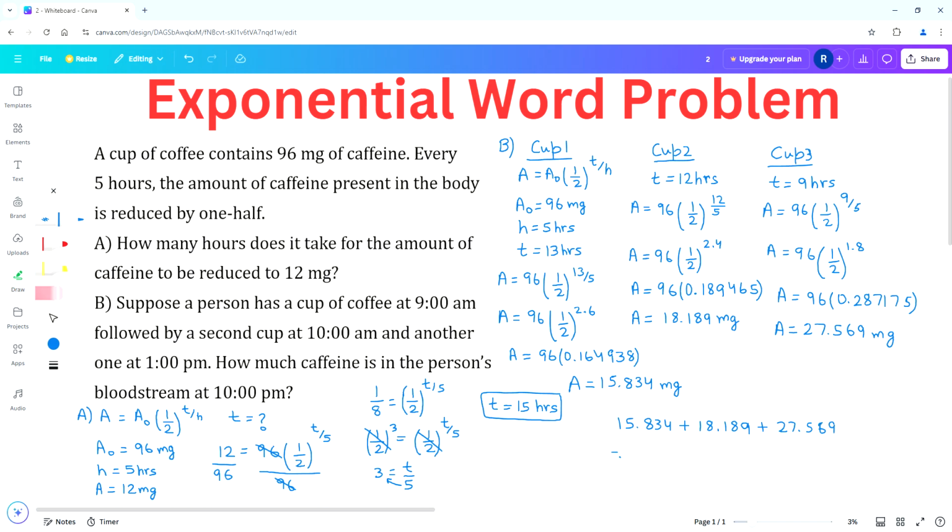I get 61.59, and the unit is milligrams. This should be the final answer for part B. So these are the steps you have to keep in mind to solve a problem like this one.